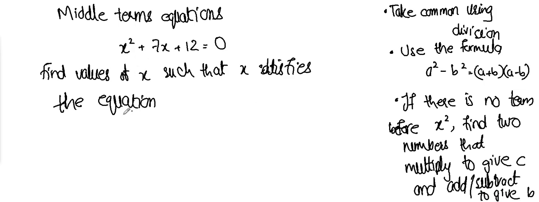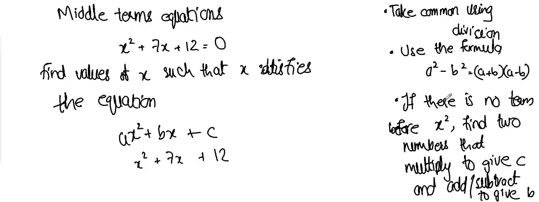It might be a bit difficult to understand, but any quadratic equation can be written in the form of ax squared plus bx plus c. Now can we compare these coefficients? We have x squared plus 7x plus 12, right? What do we need to do?